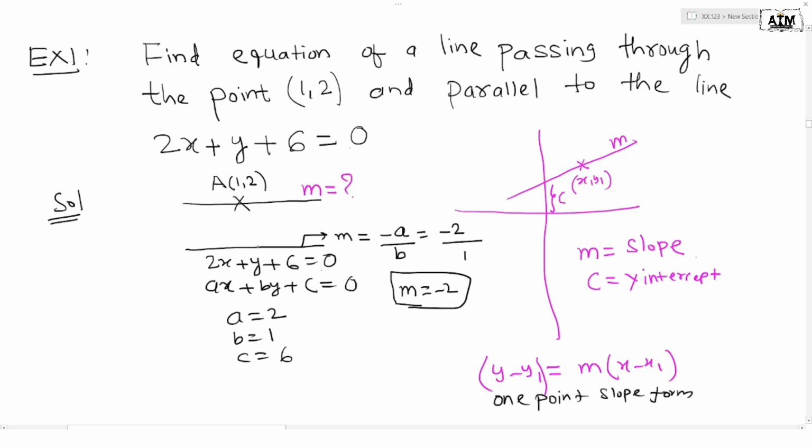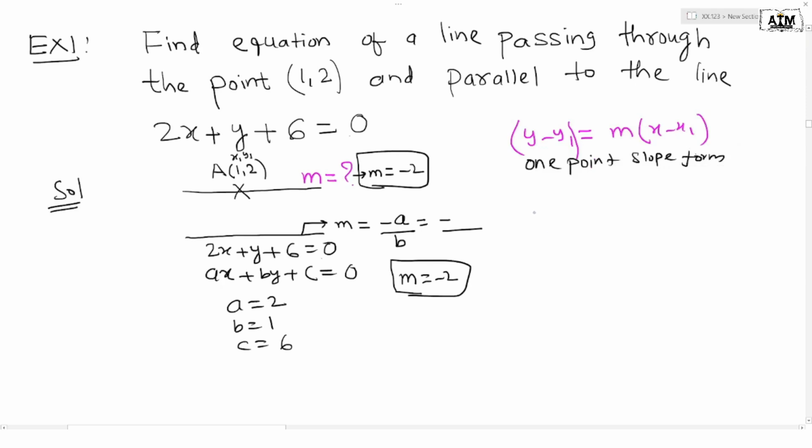And our line is parallel to this line. So slope of any two parallel lines are same, therefore m equals minus 2. And we have the coordinates of point, we can call it x1 and y1.